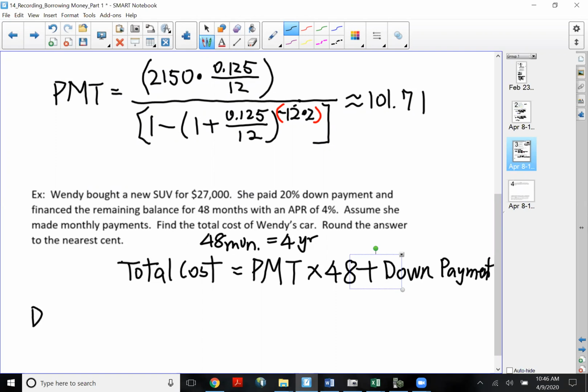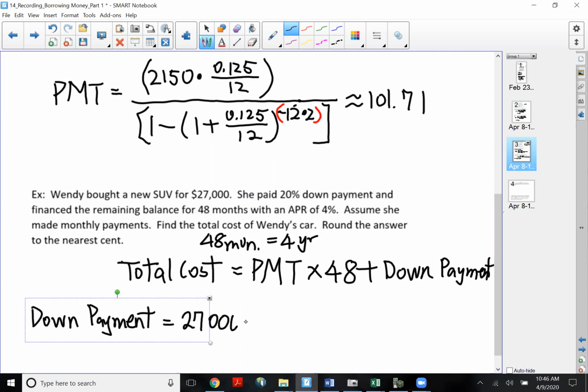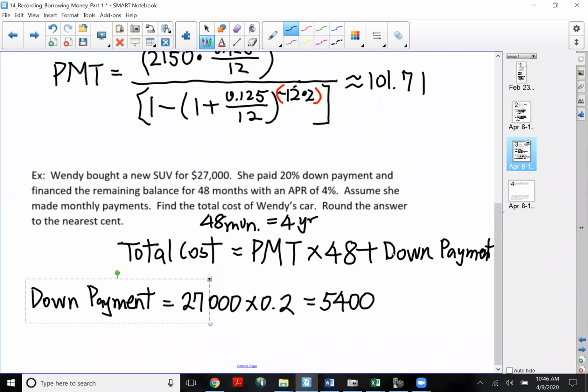So the down payment is going to be $27,000 times 0.2, which tells me she is going to put $5,400 down. So this number will be up here when we find the total cost.